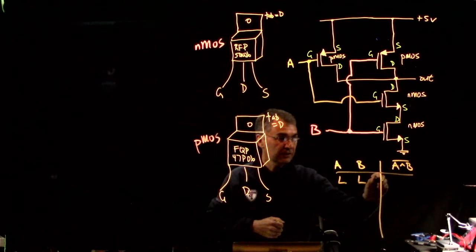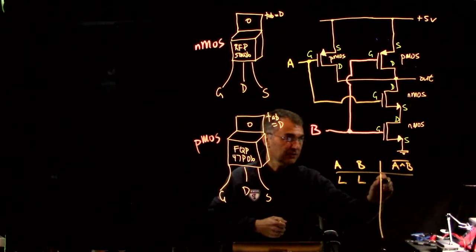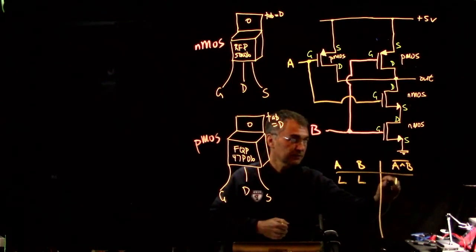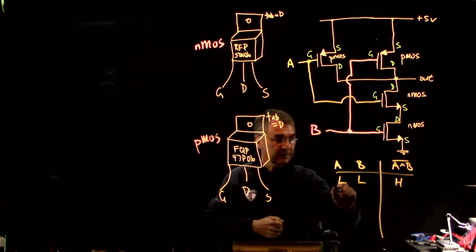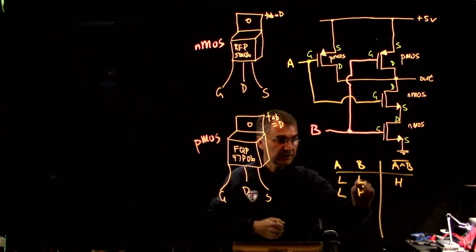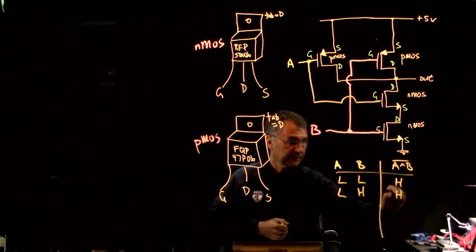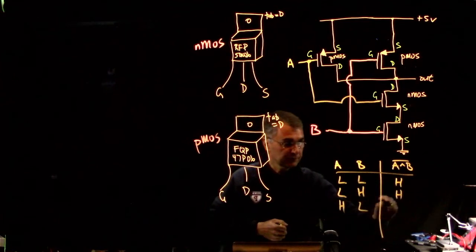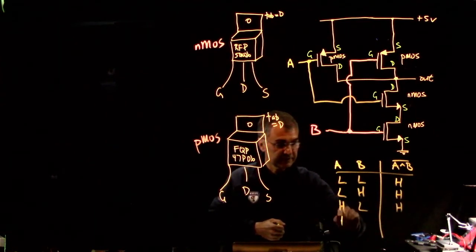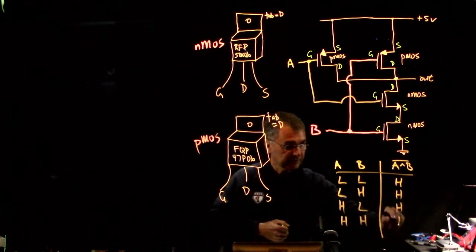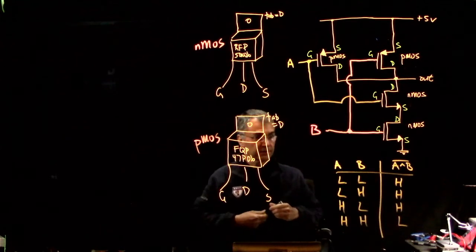That means AND is false. So NAND is true. Okay, low, high, AND is false. Right, okay, and then high, low, and this should be high. And then high, high should give us low. Okay.